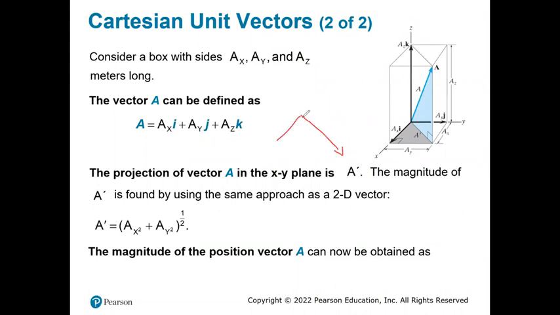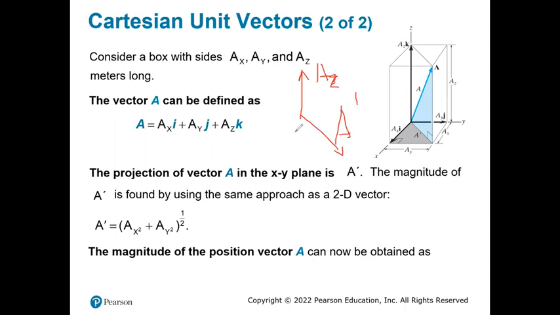So vector A has the AX component, the AY component, and then the AZ component, right? The resultant of AX and AY is A prime, so now we have A prime and then we have AZ.